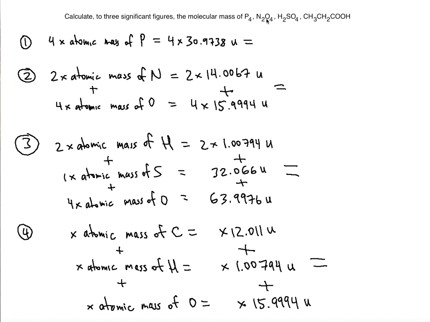And in the next example, there are 2 hydrogen atoms, 1 sulfur atom, and 4 oxygen atoms. So it's going to be twice the atomic mass of H, 1 times the atomic mass of sulfur, and 4 times the atomic mass of oxygen.